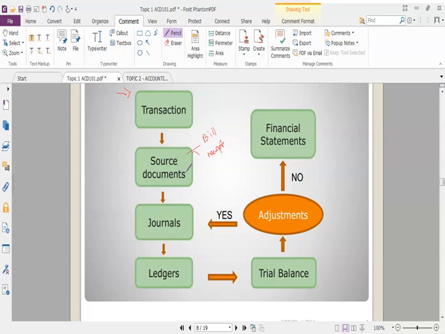We need to keep these to record, in order to prepare for accounting. Next is journals, which we will discuss further. Then the ledger, which we call the T account.